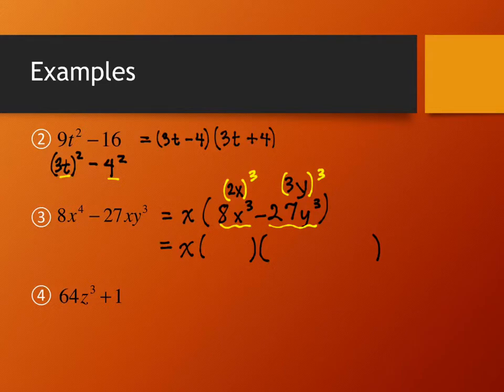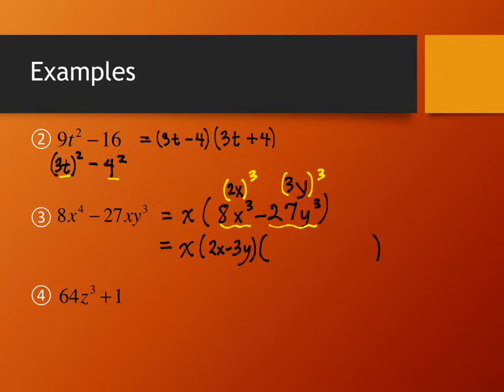The binomial takes each of the parts that I've written as what's being cubed, puts them right here, and it matches the sign, subtraction. So I have 2x minus 3y. So far, so good? Okay. The trinomial is the harder part, especially when you have components that have coefficients and variables.